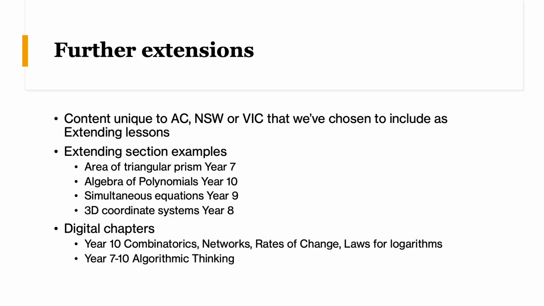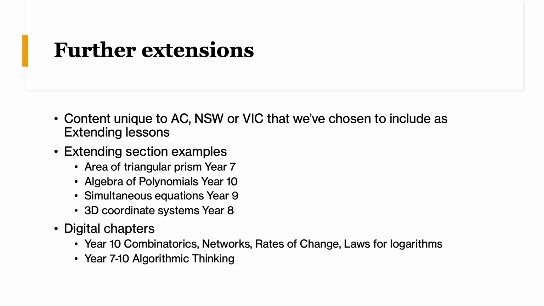The algebra of polynomials at year 10, we talked before how that's gone, but we still make that available. Simultaneous equations at year 9 is beyond core and optional at year 9, but it's a logical extension for many schools, and so we've retained that in the books throughout the series. So that's all the extending sections that I'm talking about.